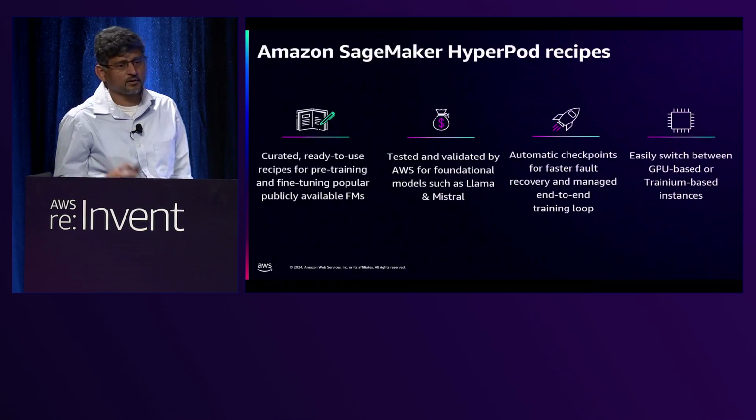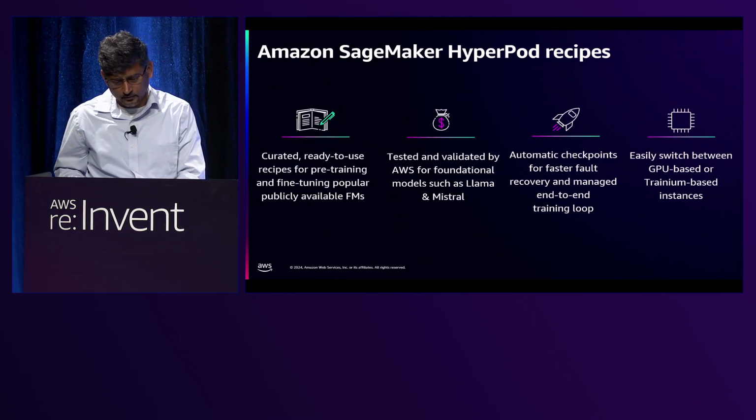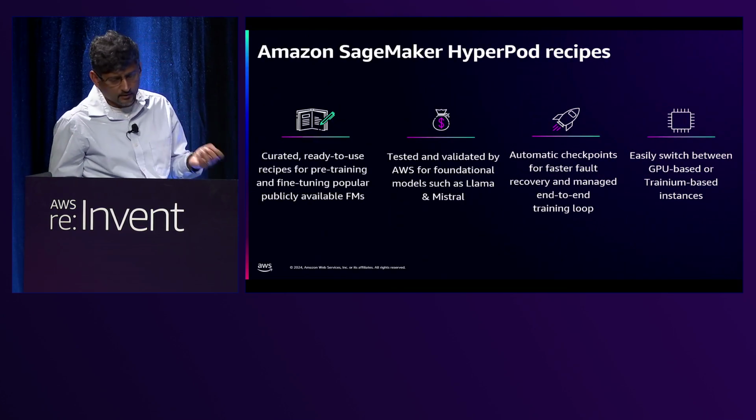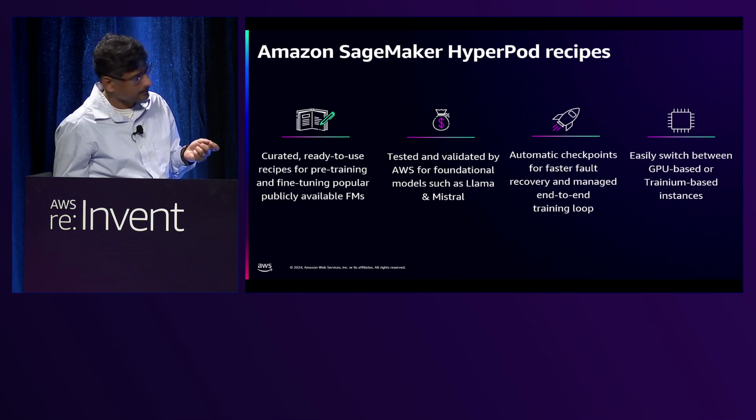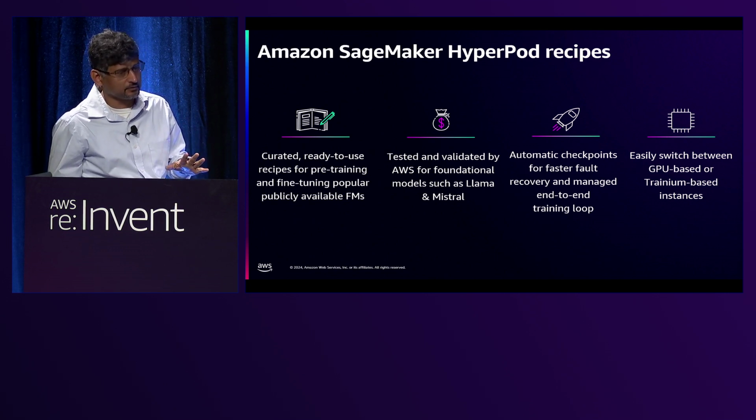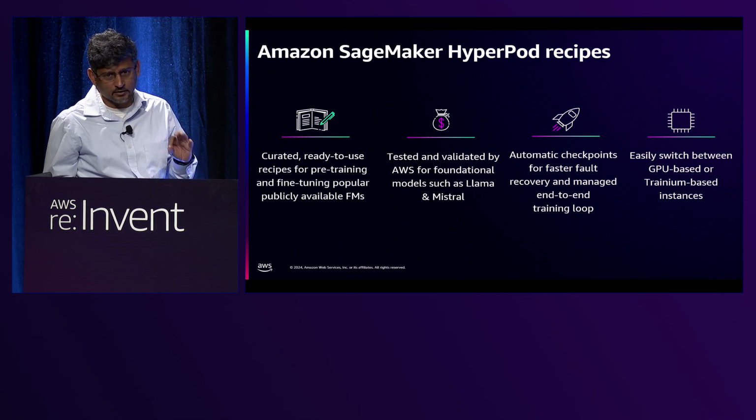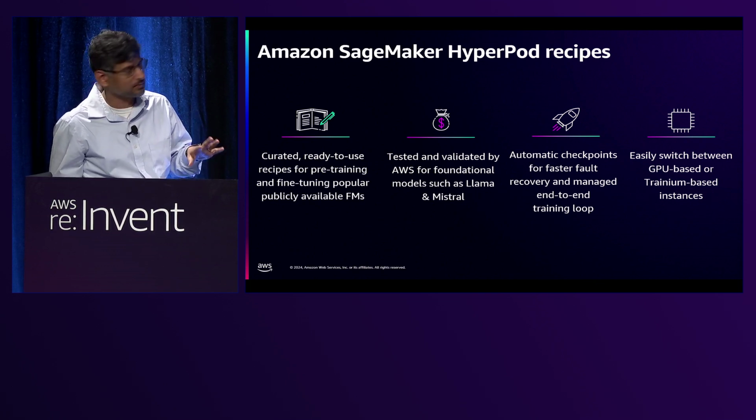This is where SageMaker HyperPod recipes comes to the rescue. With SageMaker HyperPod recipes, we have a set of optimized configurations for pre-training and fine-tuning large language models on AWS SageMaker infrastructure. We've arrived at these configurations through extensive benchmarking carried out by our team at AWS.